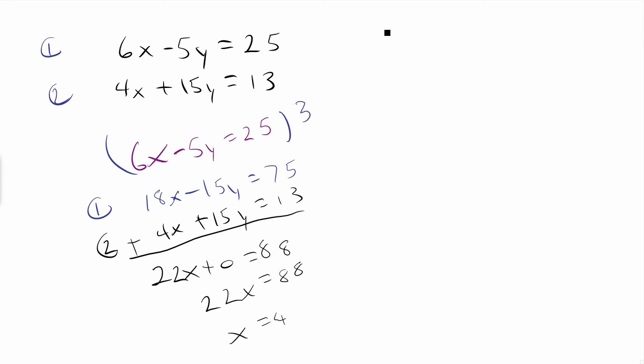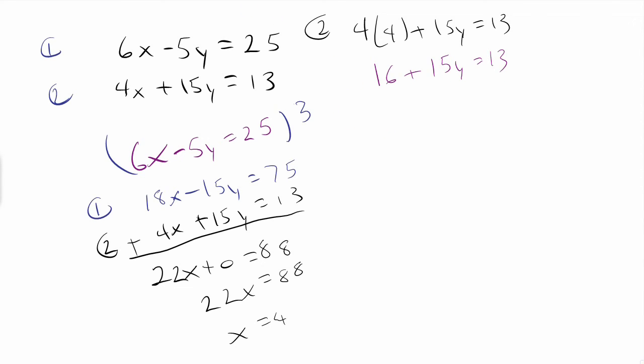And then I just have to figure out y. Going back to equation 2, I'm going to put in 4 for x: 4 times 4 plus 15y equals 13. So this is 16 plus 15y equals 13.